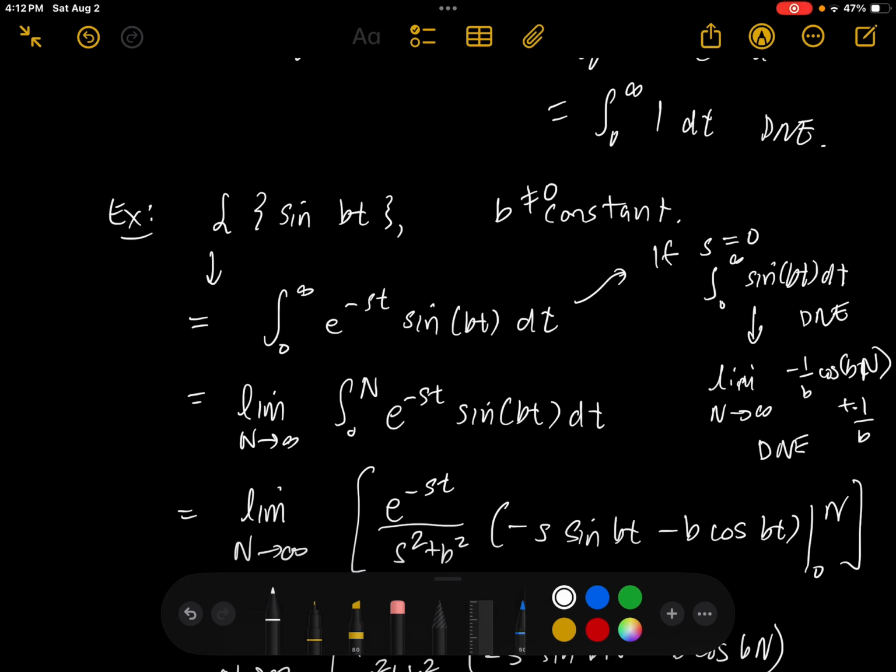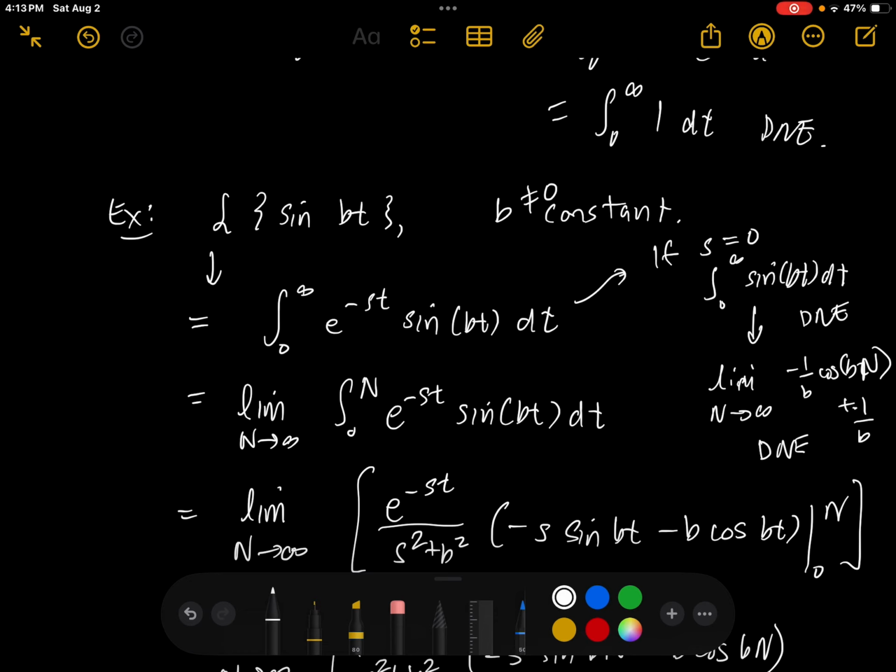If s is negative, then you get e to some positive thing times t, sine of bt. And then this integrand, e to the negative st sine bt, if s is negative, is going to go off to infinity. And it's going to oscillate, because you have sine oscillating between negative 1 and 1.